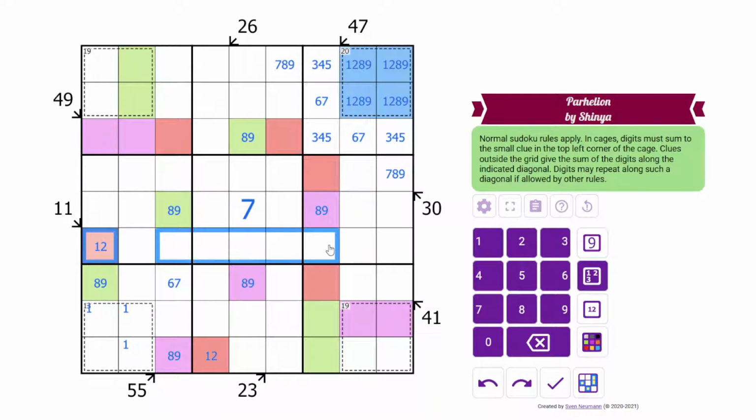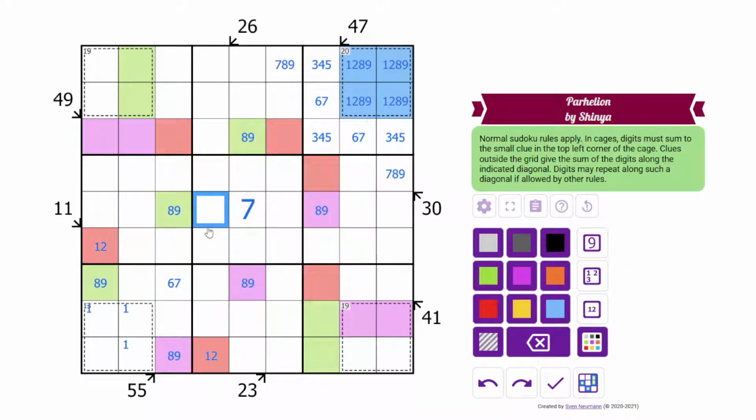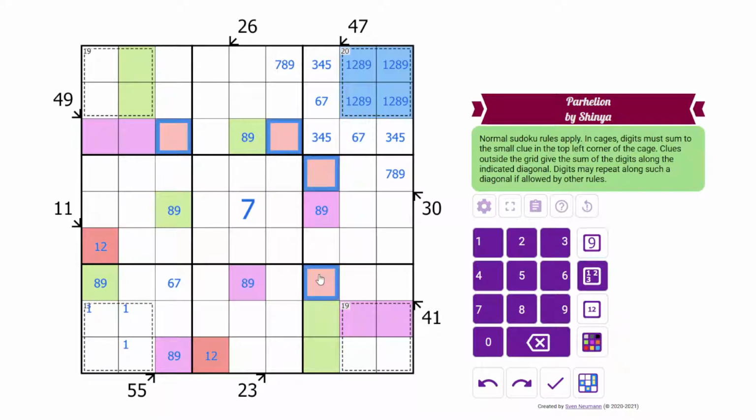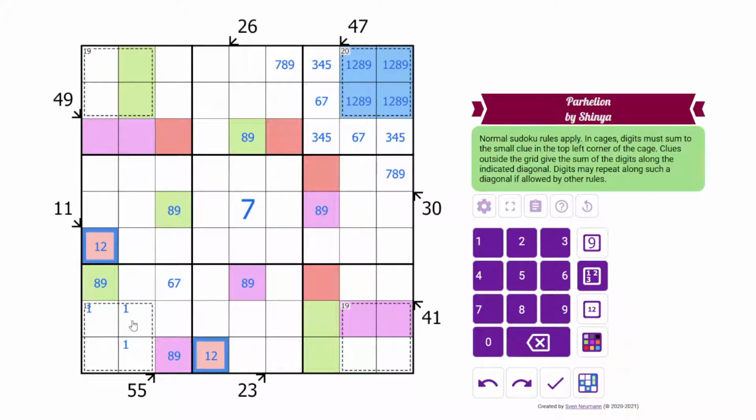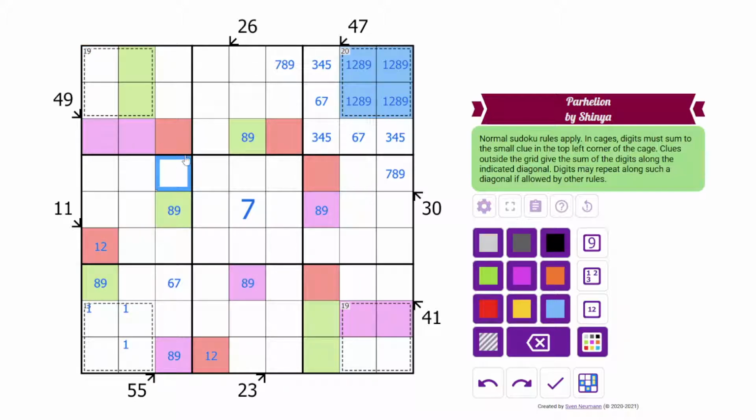Because if they're both 1s, then they exclude all of these, and then these based on being in the same square as them. So those are the places where 1s can go, and that's only 2 rows, so that means that none of these can have 1s. So if these are both 1s, obviously none of those can have 1s, but then we've locked in down to 2 different cells per row.